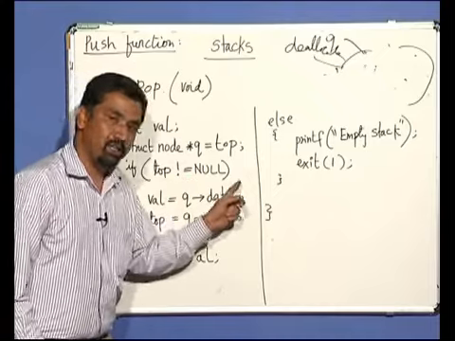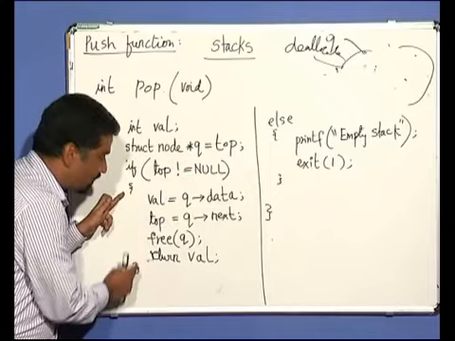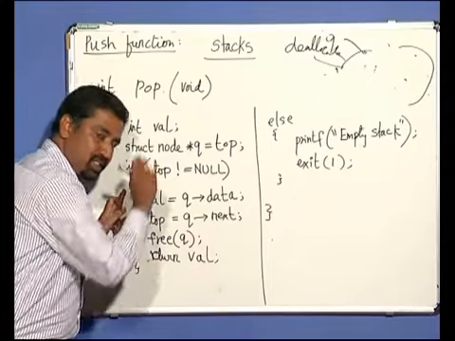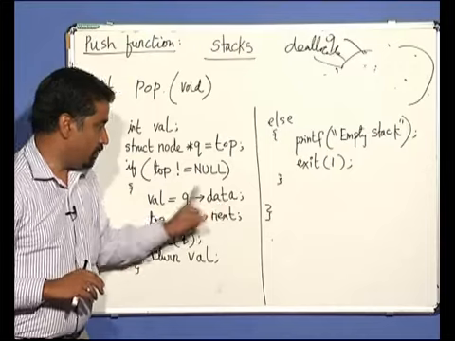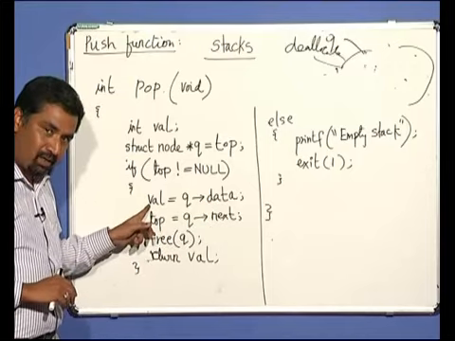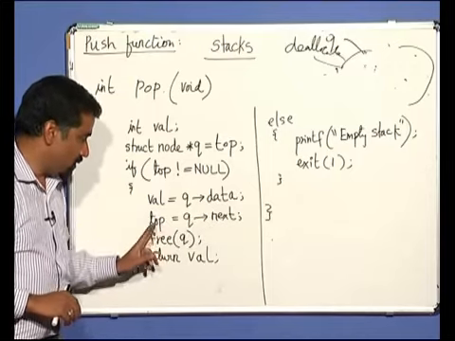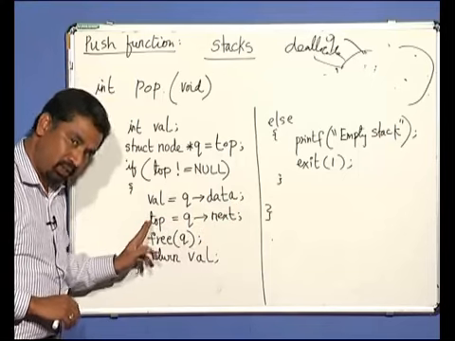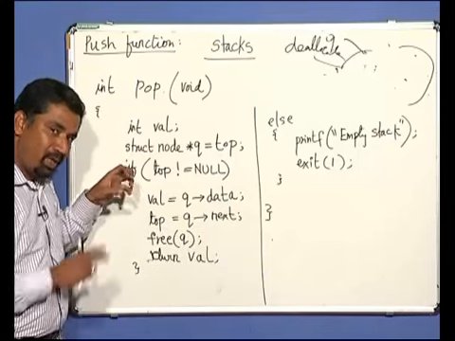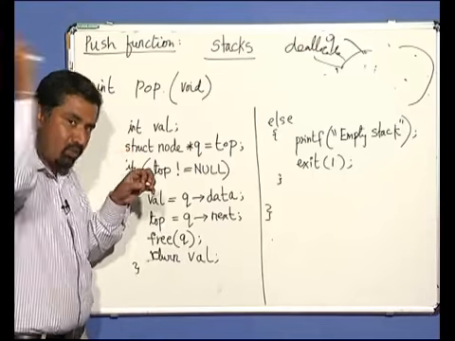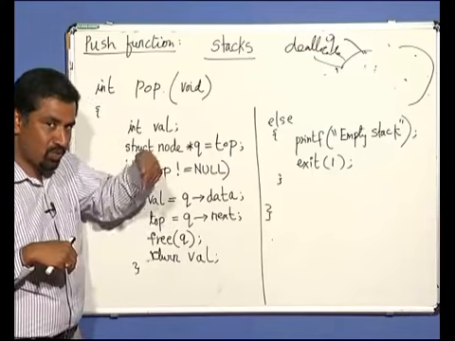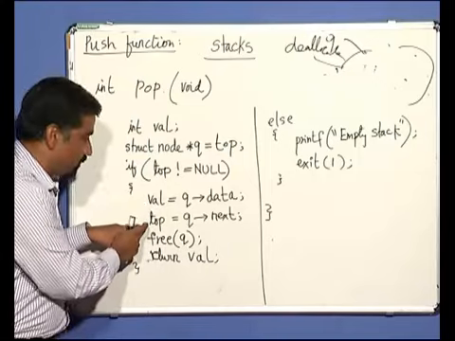So when top is not equal to null, these are the 4 statements which you have already seen. Understanding the pop operation: obtain the value, put it into val, q->data, adjust the links so that top will now point to the next element because the topmost one is now removed. So the next element has to be pointed to by top. This statement does that.